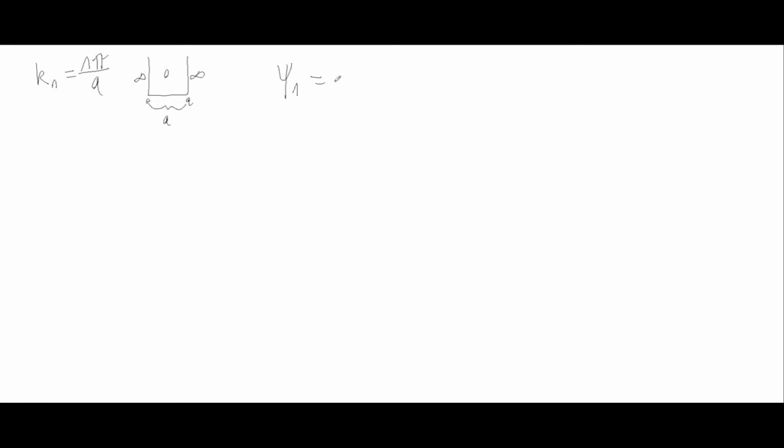We had this amplitude A multiplied by e to the i k_n x minus e to the minus i k_n x. Then using the Euler identity, and saying that A prime was equal to 2iA so we can absorb that, this was equal to A prime sine of n pi x over a, which, as I said, is the width of our well.